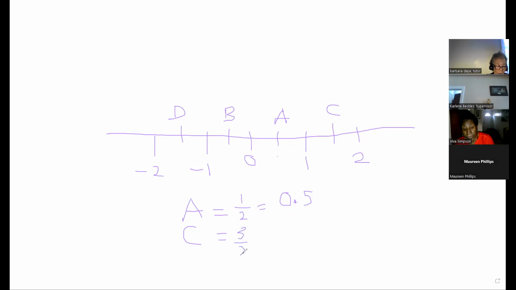And what would it be as a decimal? When you divide 3 by 2, what do you get? 1.5. That's it, 1.5. So I want you to know how to find decimals and fractions on the number line.